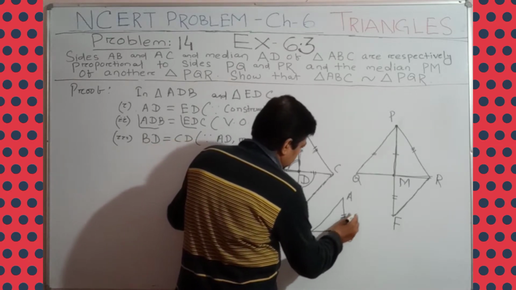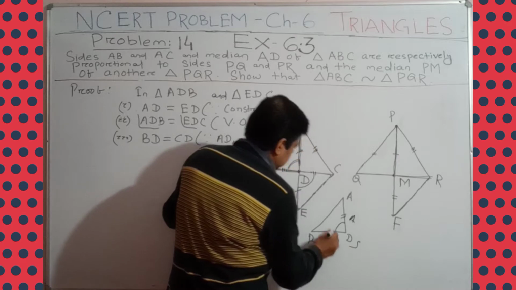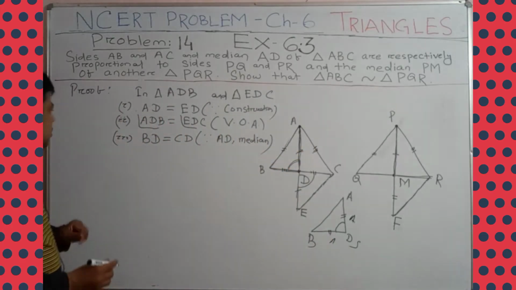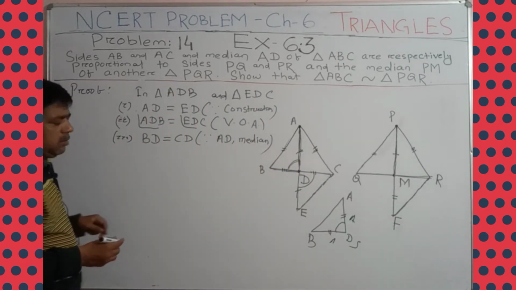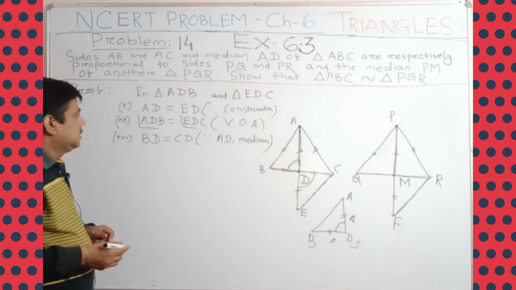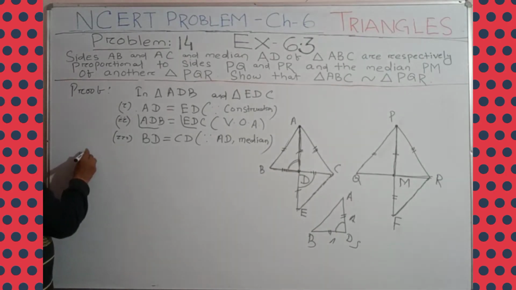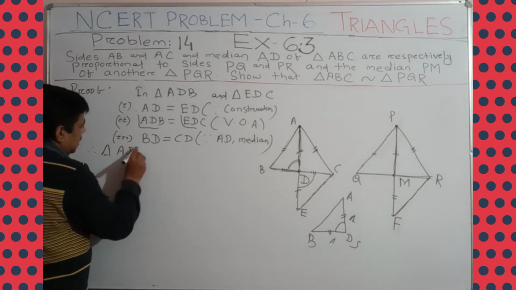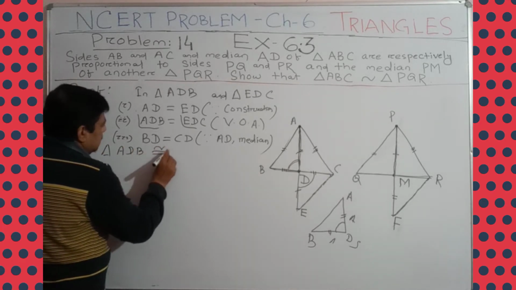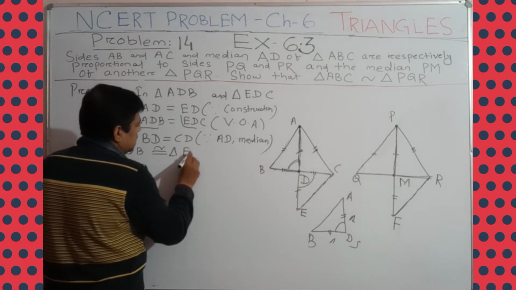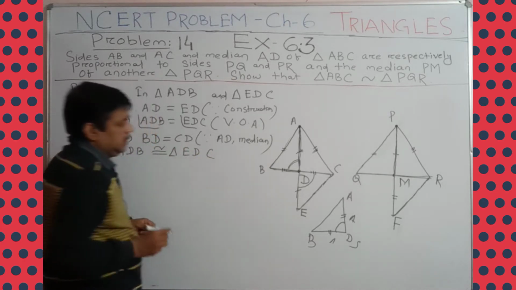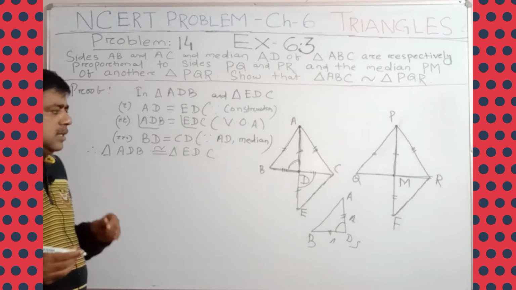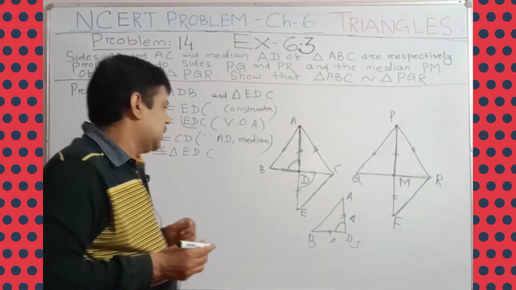According to side, angle, side, can you say the triangles are congruent? Yes. Triangle ADB is congruent to triangle EDC, and this is the relationship between the two triangles.